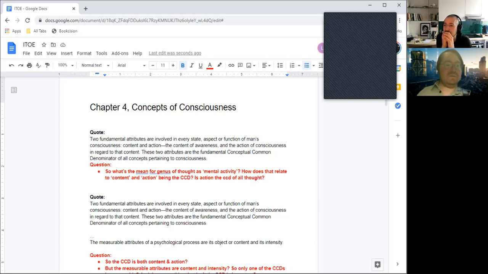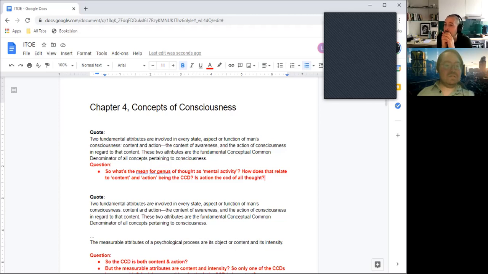That's going to have both of those measurements always to some degree or other. I would think that both of those are CCDs, the way Rand wrote it out, because there are two attributes in common among all mental activities. It's a measurement that they all have. So that should be a CCD. So right, they're both CCDs.